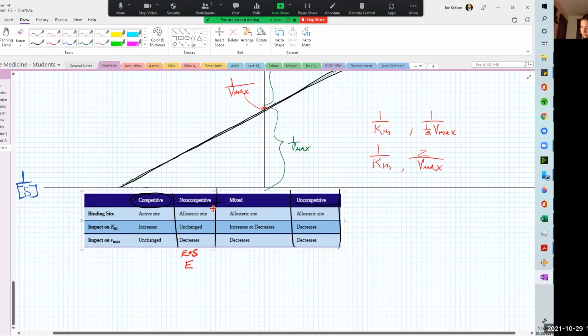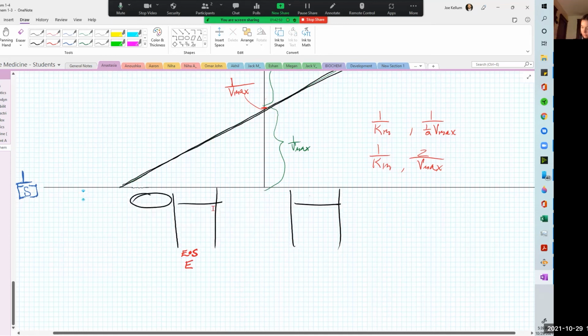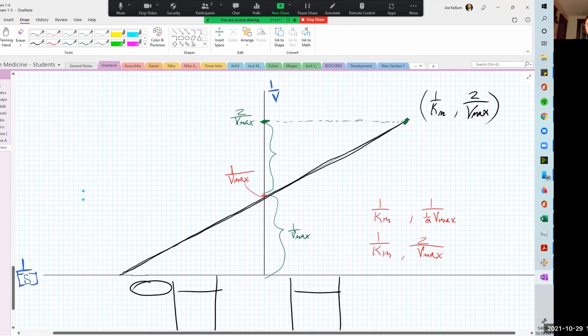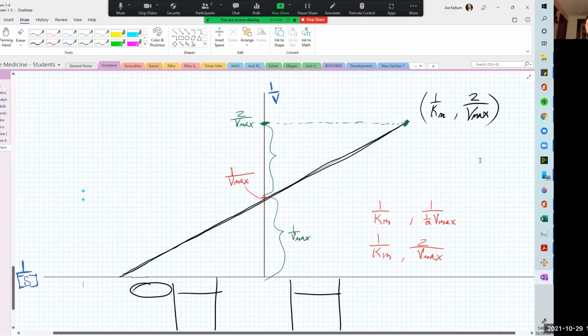What happens to the Vmax and to the Km if we just add a non-competitive inhibitor? In terms of Vmax, it's going to decrease it, because regardless of substrate, there wouldn't be enough available enzyme to bind.